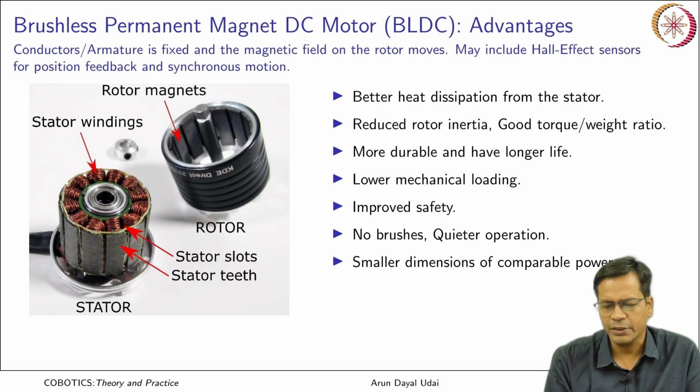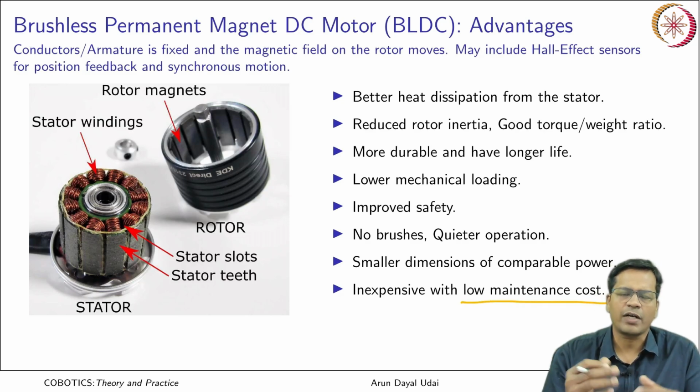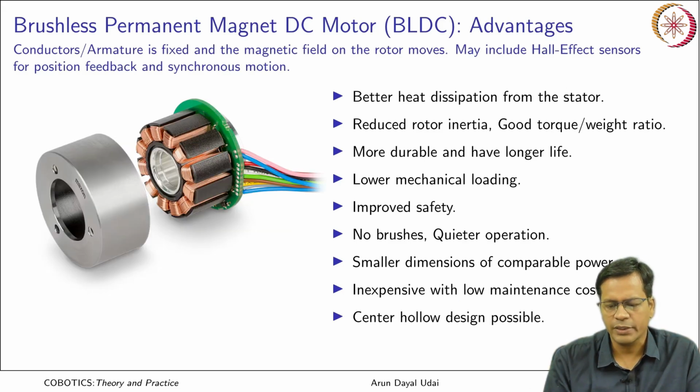They have a smaller dimension compared to comparable power, and they are inexpensive with low maintenance cost, because you do not have carbon brushes which are required to be replaced after every few running hours. A center hollow design is possible.